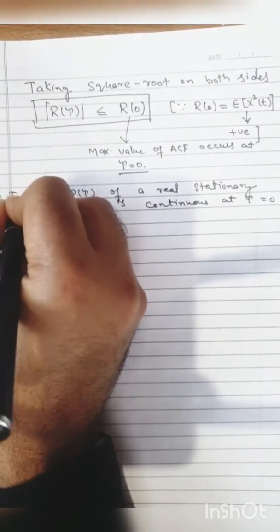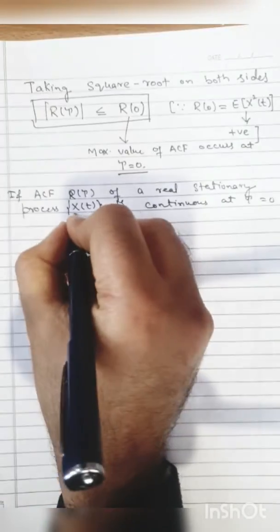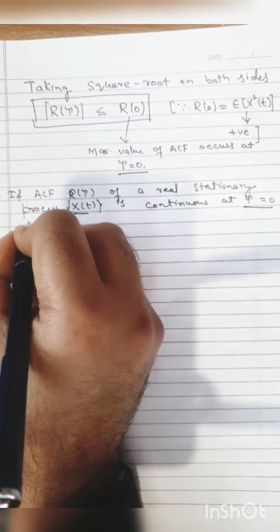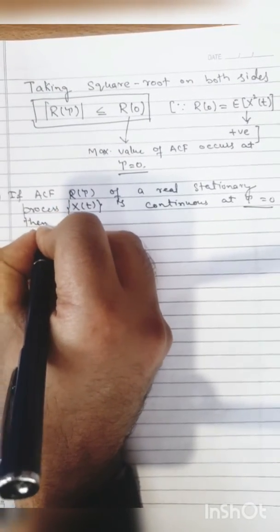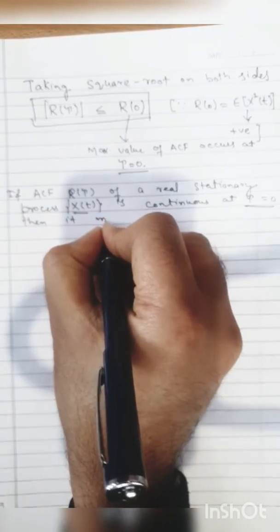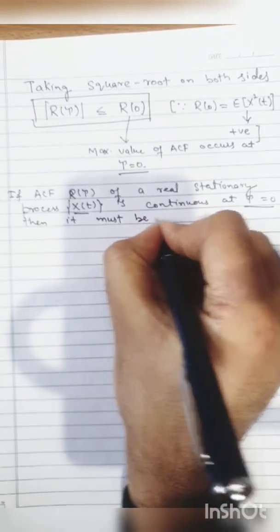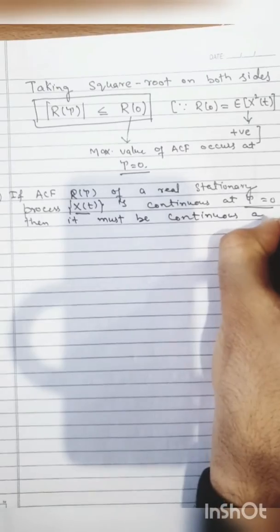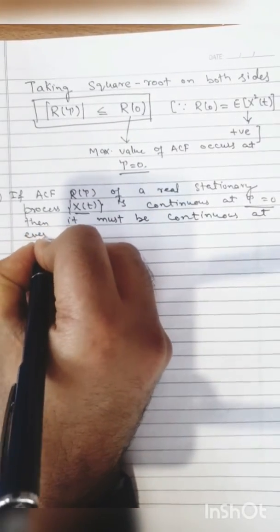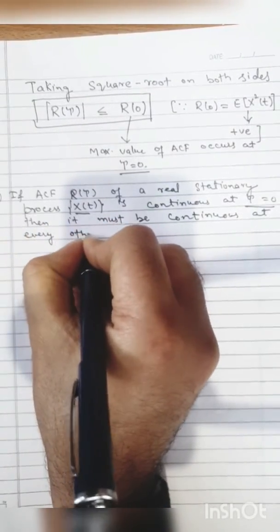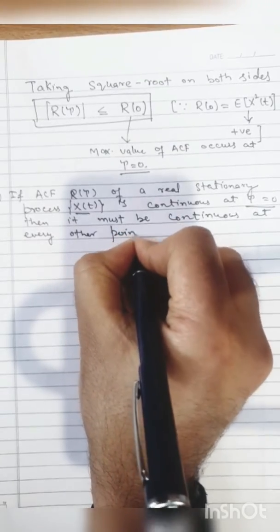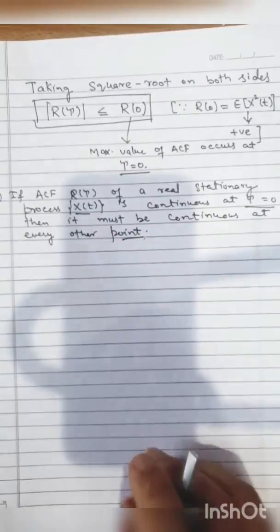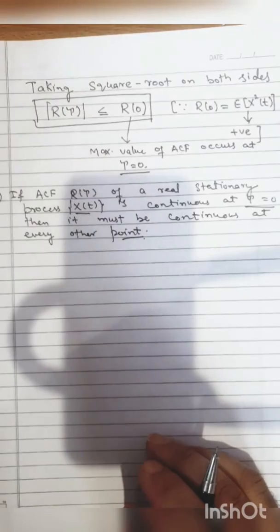Why have I written real? Because there can also be complex processes. If this is continuous at tau equal to 0, then it must be continuous at every other point. This is one of the properties which you will try to see.